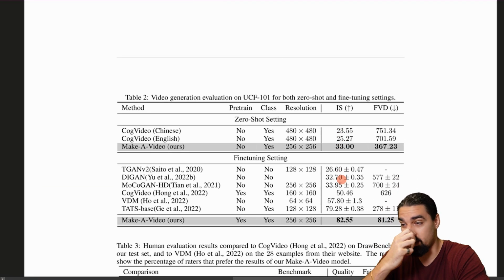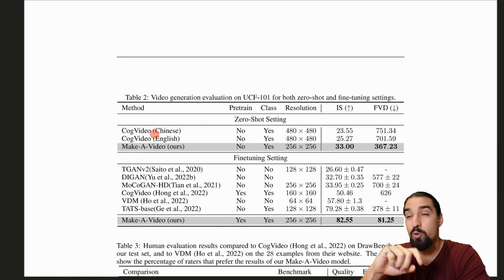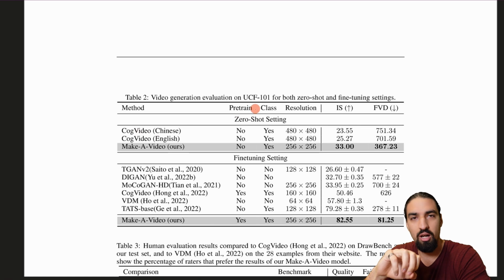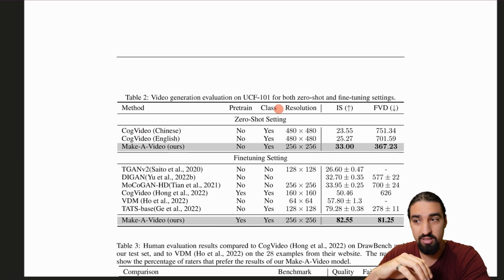They also tested on UCF-101 in zero-shot and fine-tuning settings, and again it outperforms CogVideo, which was, I think, either trained or fine-tuned on the UCF-101 training dataset, and it still outperforms it. That's kind of fascinating, even though Make-A-Video did not use images from UCF.